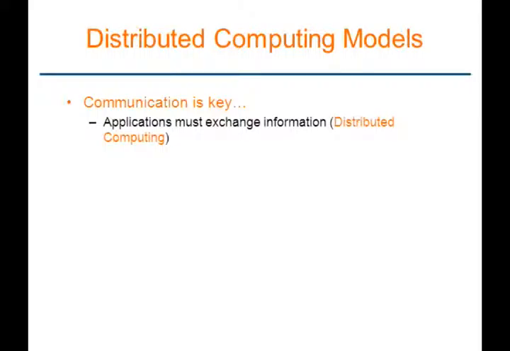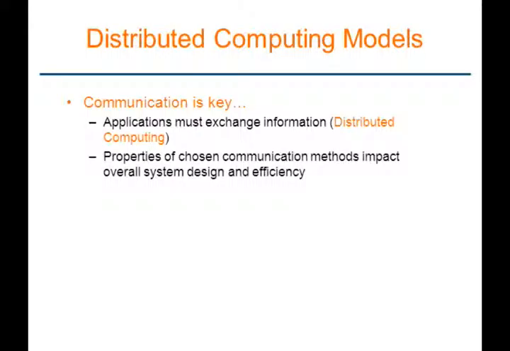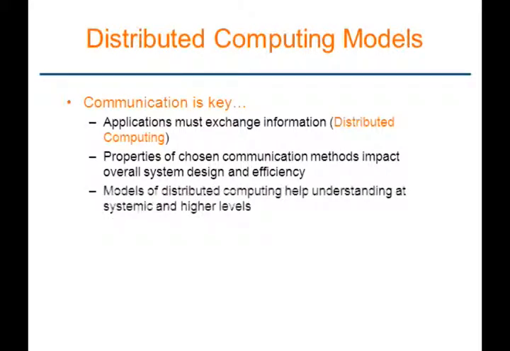We understand that applications must exchange information, which gives rise to what we call distributed computing. Some computing happens at the client end, some computing happens at the server end. Properties of chosen communication methods do impact overall systems design and efficiency. You will see the models, and you will understand what we mean by that.